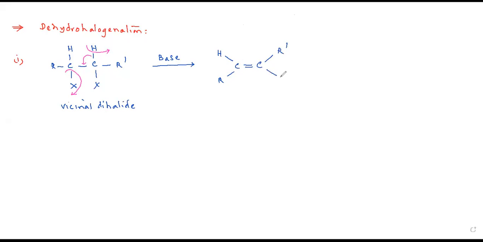R dash, then X. So this removal of HX is fast. We'll take the mechanism. Then again, using a base, H plus is abstracted, bond comes here, this will go off.